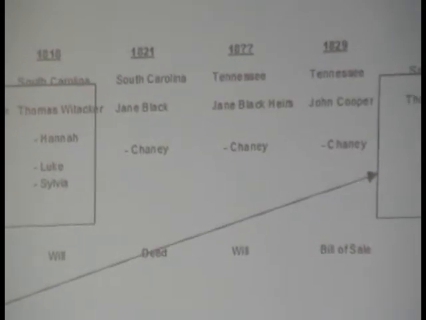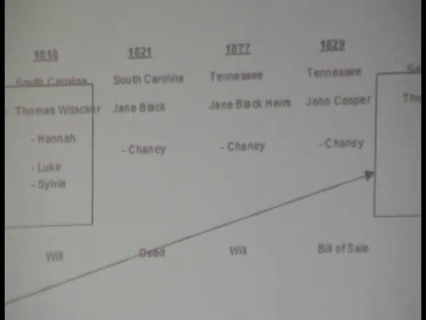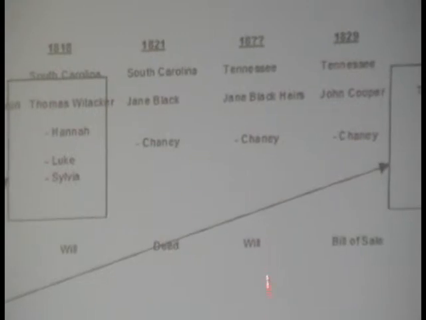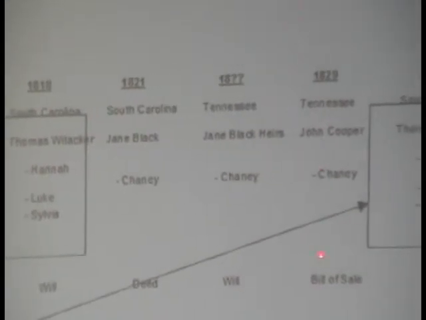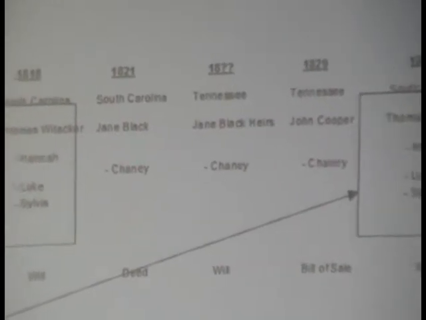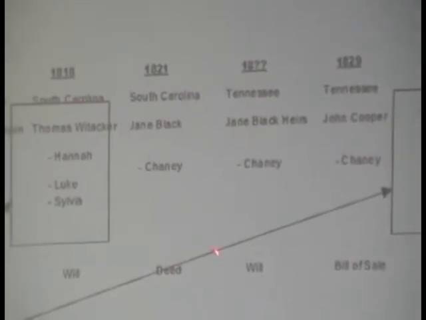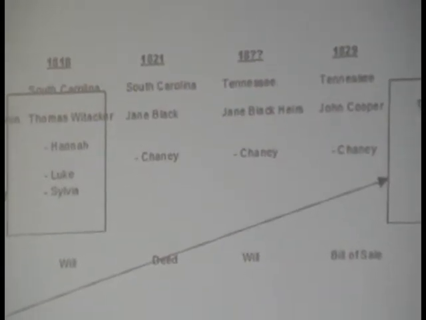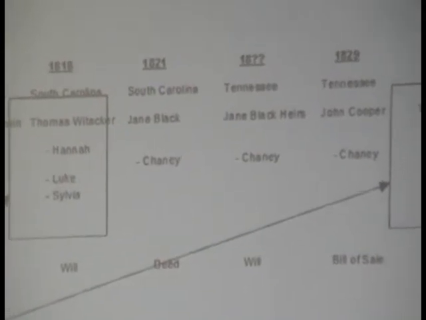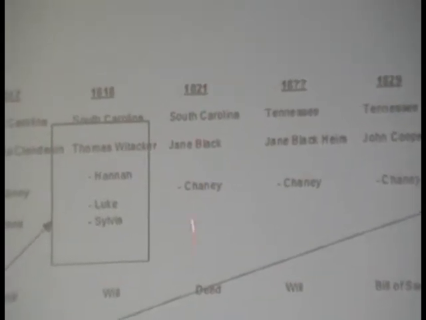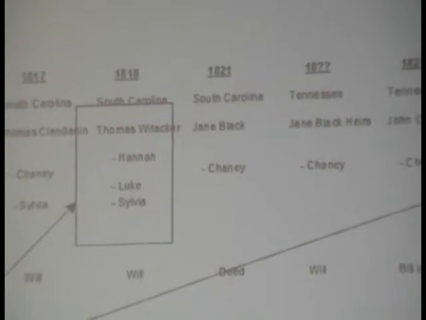And there was some friction between the kids in terms of what to do. So they agreed to sell Cheney, and they sold Cheney. That was a bill of sale. I also went back and found there was a will that included Cheney from Jane Black and her heirs. Going back again, I chased Jane Black back to South Carolina, and I found there was William Pendennon who had an issue going on with the sheriff.